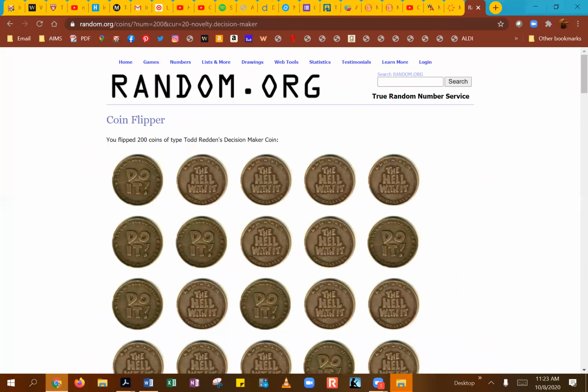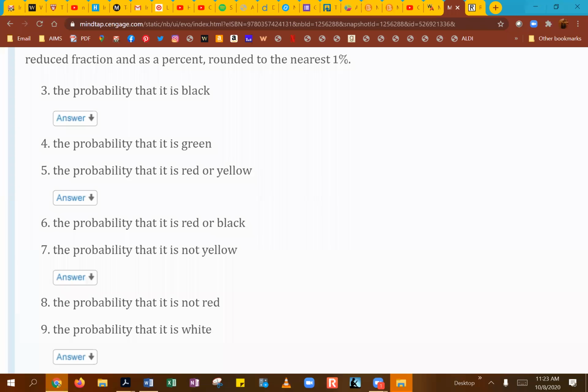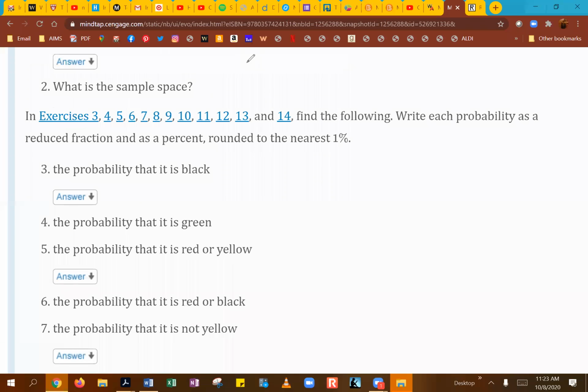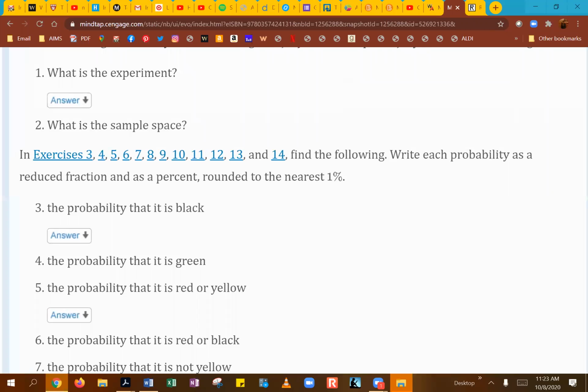So let's come back to these questions over here. So this is the same one we just looked at. Let's use this guy again, and let me get my sample space because I erased it.